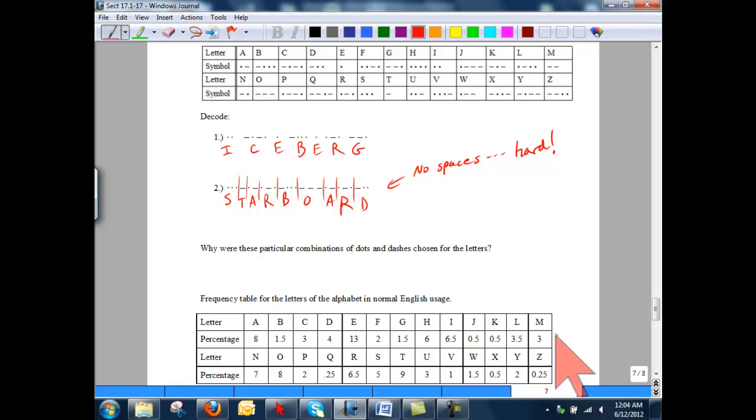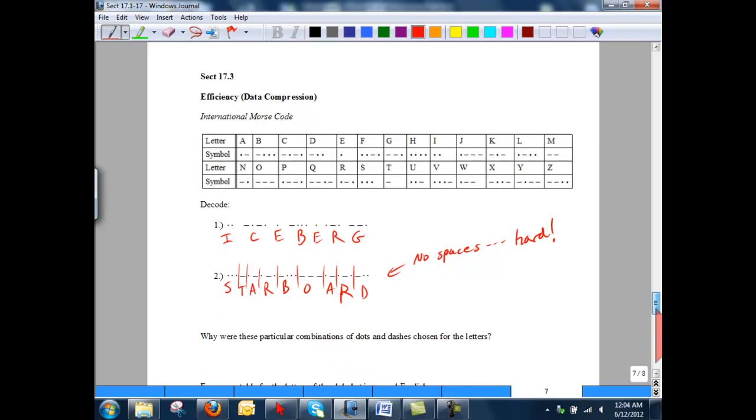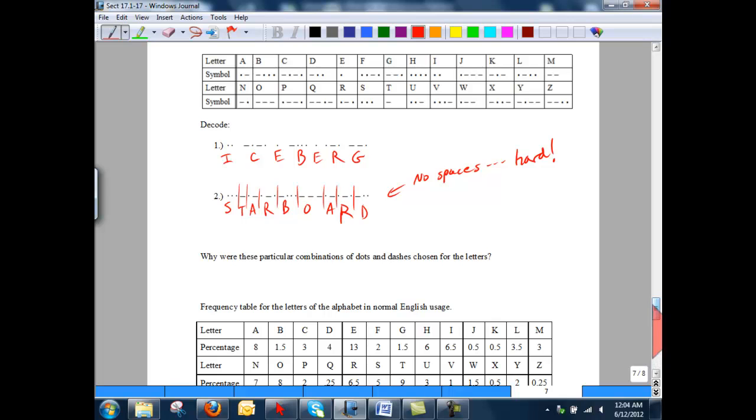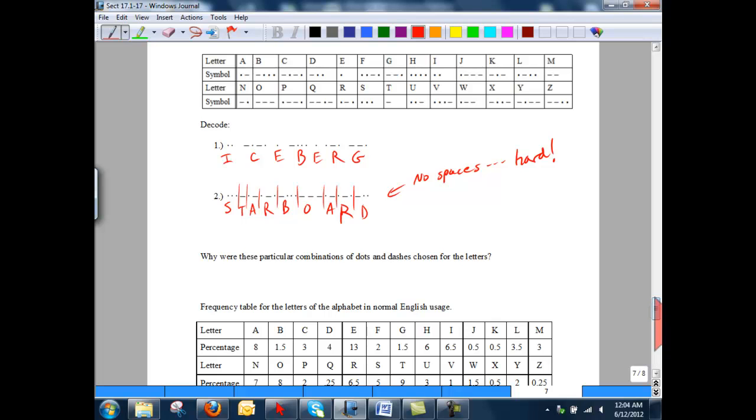Then you look at this and say, well, obviously some letters are used a lot more often than others. So E, for example, is the most frequently used English letter, whereas things like Z's and Q's are used very infrequently by comparison. And so if you think about it, the goal of this unit is efficiency or data compression. And this was exactly done by the people who invented International Morse code, saying that, okay, I'm going to be typing a lot of E's.